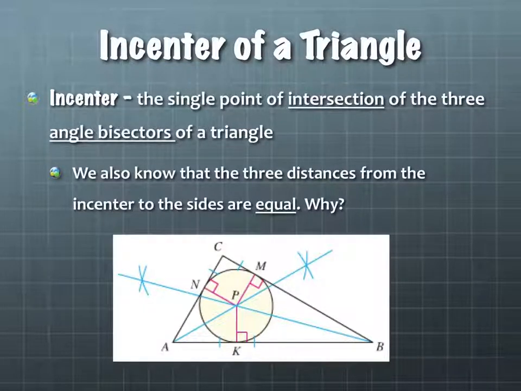So jot those down, and I'd like for you to try to think about why I can say that we know that. Why do we know that the incenter, the center of this triangle that's inside, is equidistant from the three sides of my triangle?